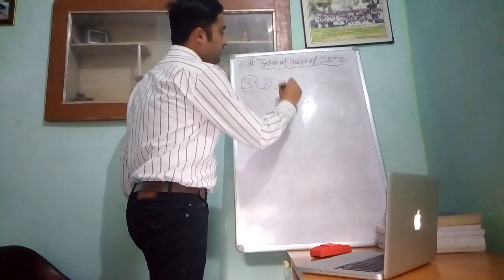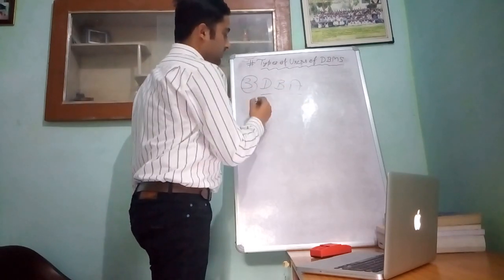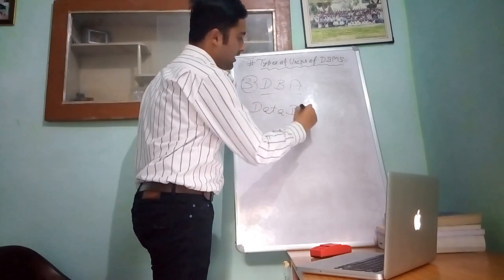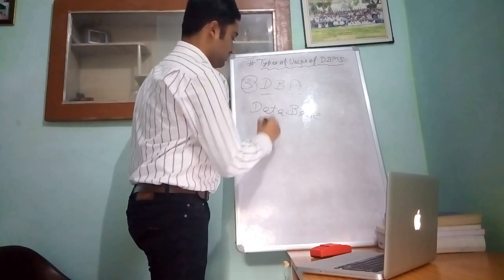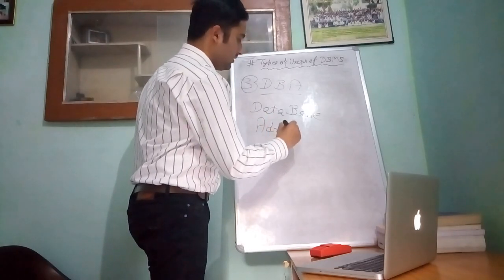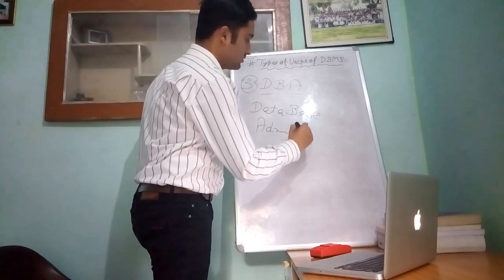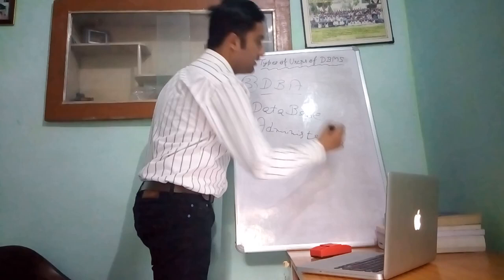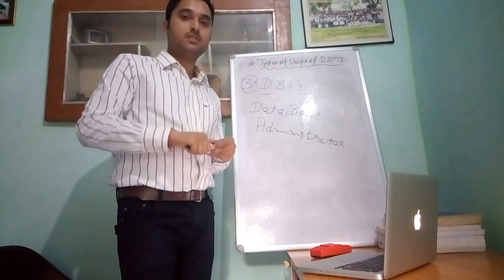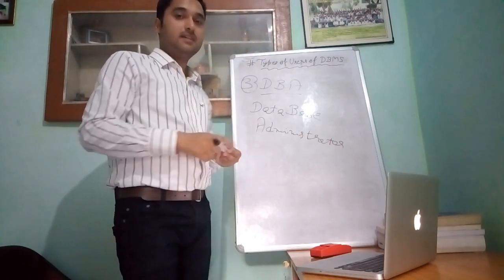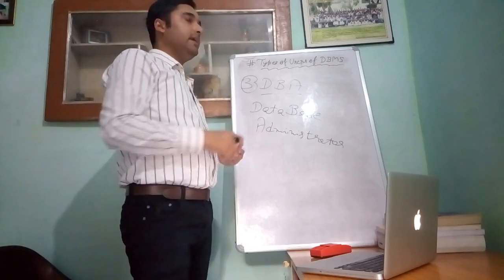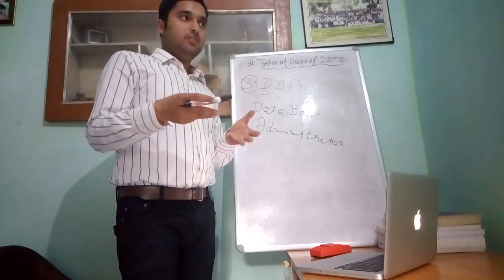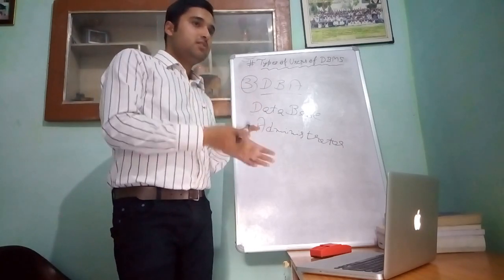The third one is the DBA, which is the database administrator. It has a huge responsibility. The database administrator is a very responsible person who manages the entire database. Actually, the DBA creates the database, gives access, and gives partitions of the database.